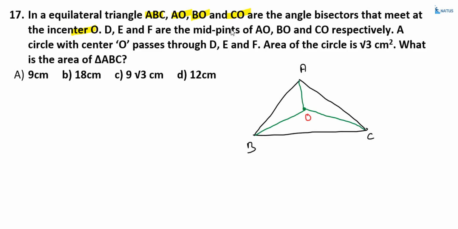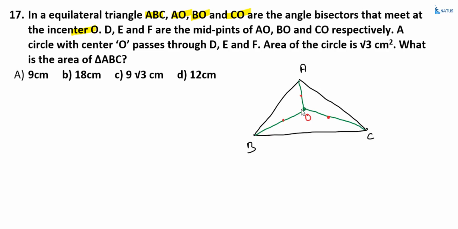And next, D, E, F are the midpoints of AO. This is D, E, F, midpoints of the AO. And the circle with center O passes through D, E, F. See, in an equilateral triangle, centroid, incenter, circumcenter, all are equal.